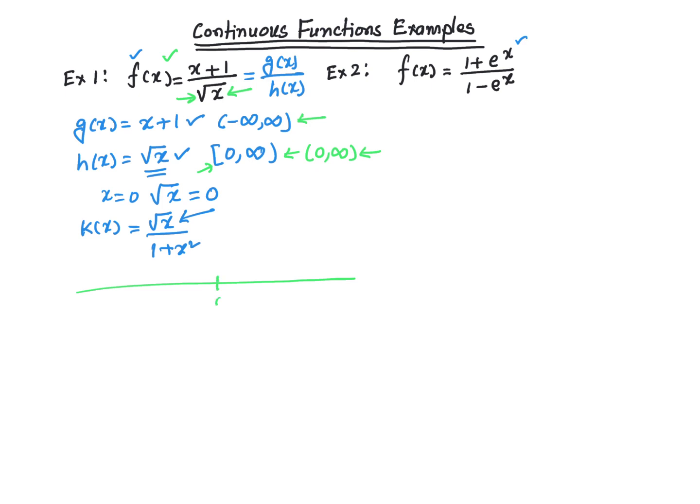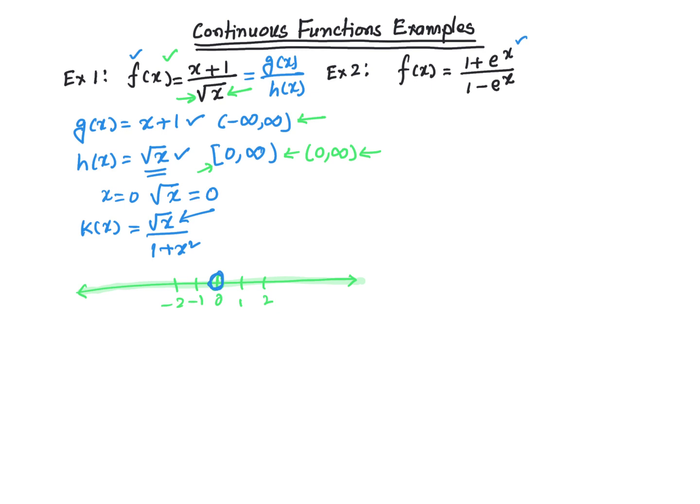Okay, 0, 1, 2, and it keeps going, negative 1, negative 2, and it keeps going. Where do they overlap? The first one, by the way, is the entire number line, right? But the second one says it has to be starting from 0, right? Let's use a different color so that you can see it.